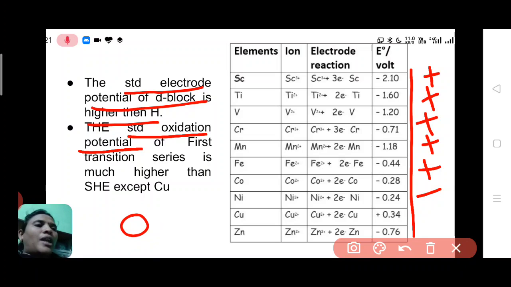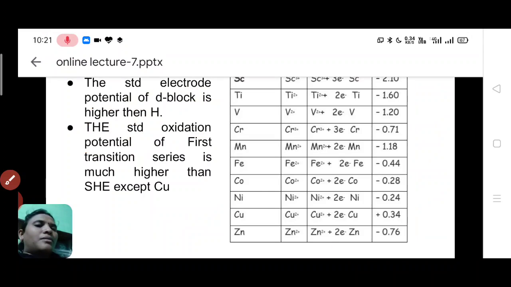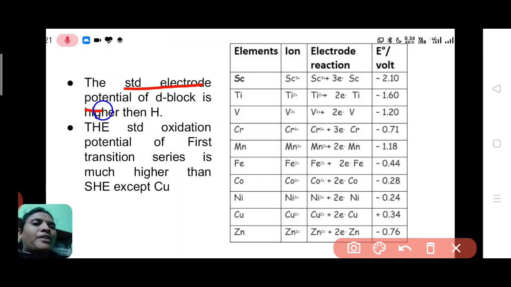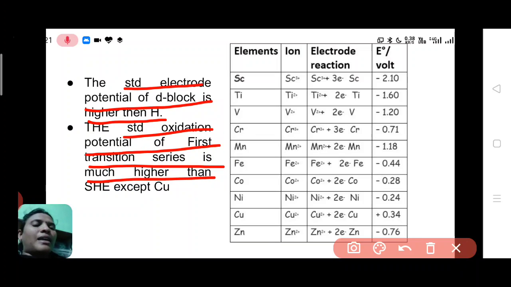Hydrogen has 0 value and all the positive values are higher than 0. That's why we have written here that standard electrode potential of d block element is higher than hydrogen. So the standard oxidation potential of the first transition series is much higher than SHE except copper. See, here copper's value is negative, don't look at plus 0.34, it is minus 0.34, and all the other values are in positive sign.